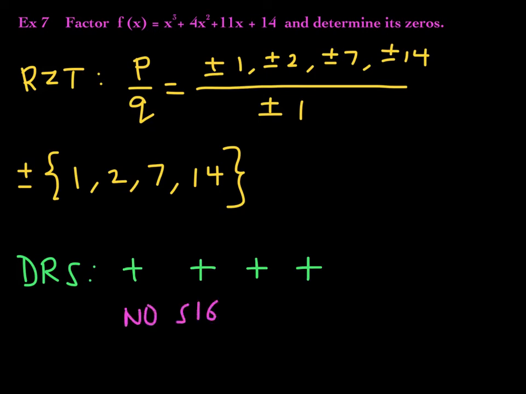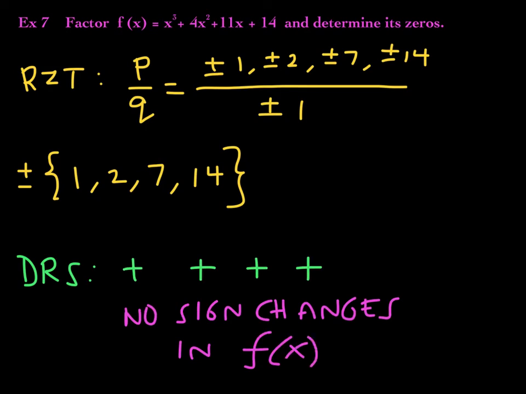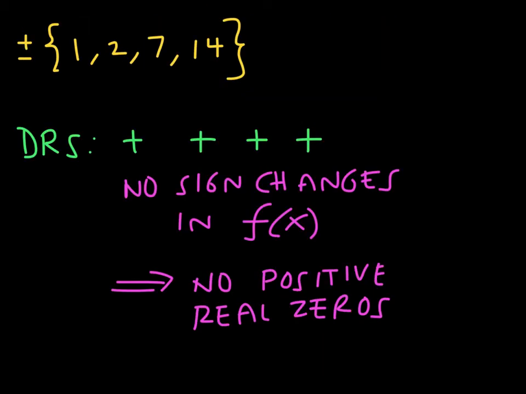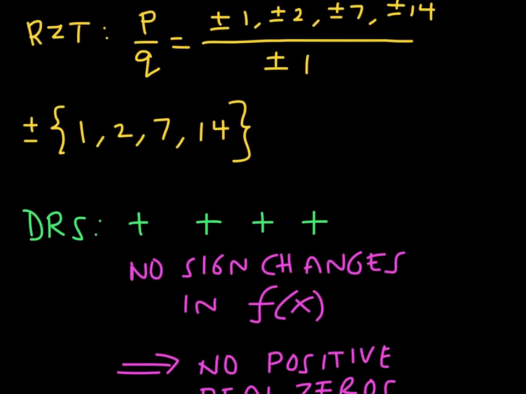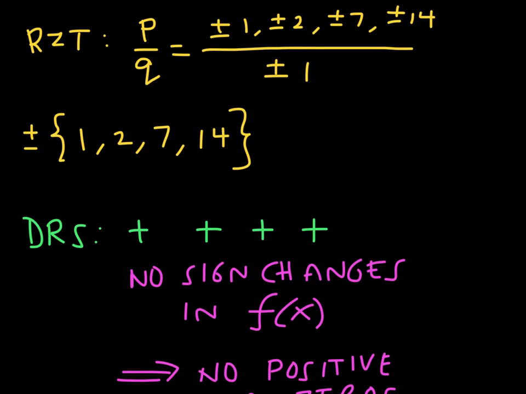So what does that mean? No sign changes in f of x. That means you will not have any positive real zeros.